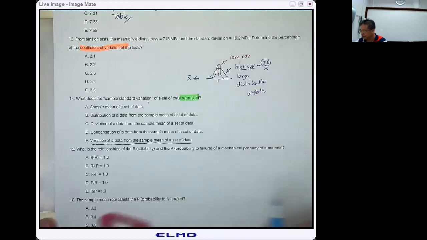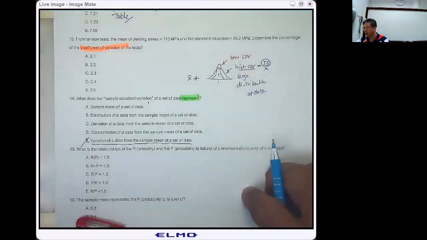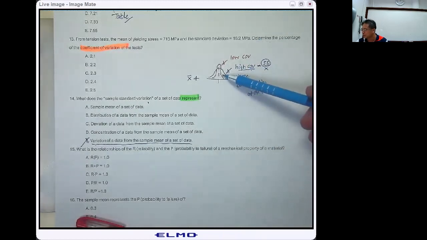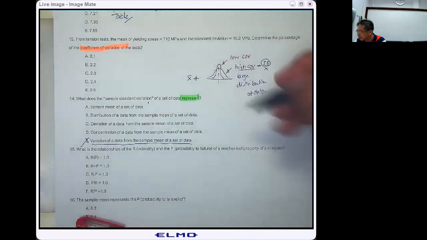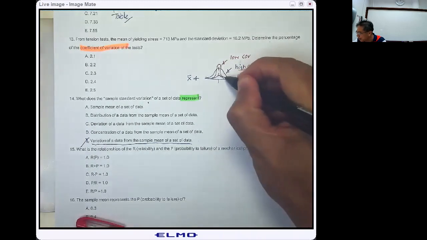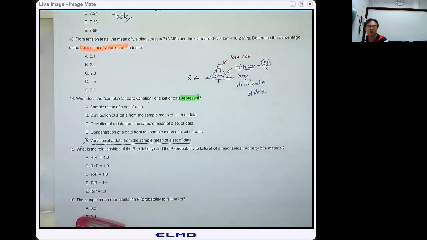Okay, so this one shows us the variation of data. We like to have the normal distribution like the one where the data is close to each other, and we really don't like the distribution of the data like this one. That's going to be a very large distribution of the data.